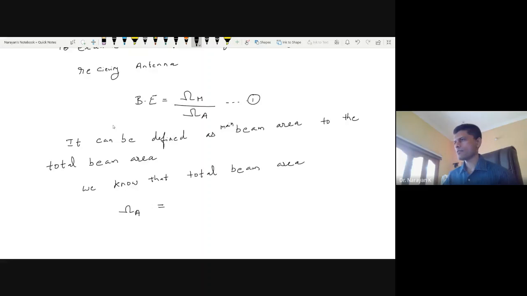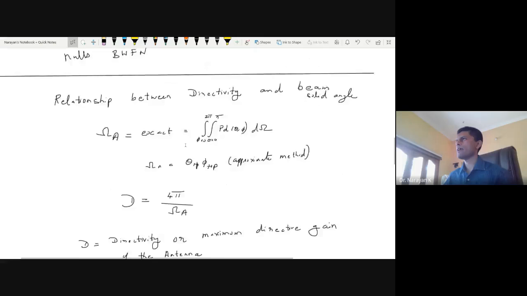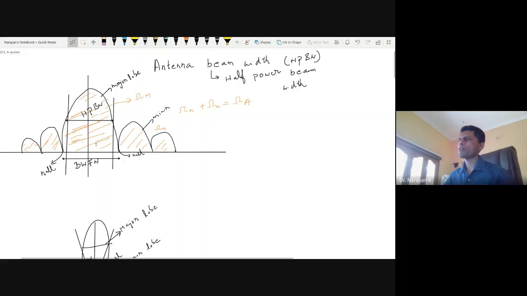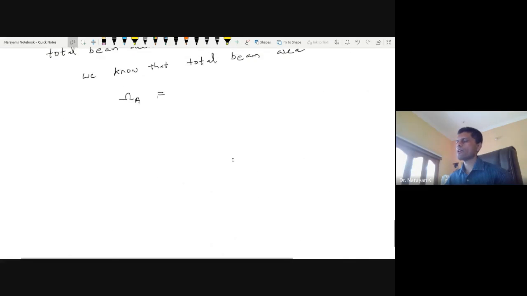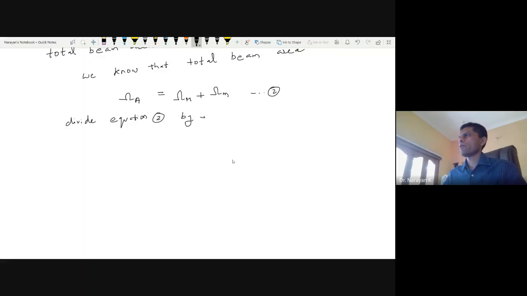So if I call this equation 2, divide equation number 2 by omega A.